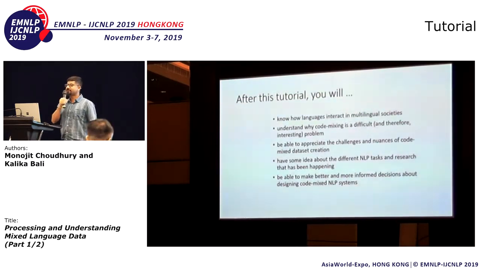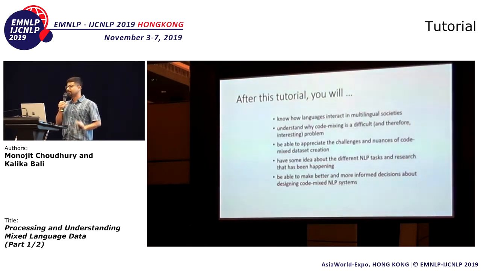So what are the objectives we thought of for this tutorial? Since it's a very vast area, going in depth in any one thing would be very hard. So this is what we will try to satisfy. We'll tell you how languages interact in multilingual societies, because that's the fundamental thing, the background for understanding what code mixing is, why it happens, and questions like that.